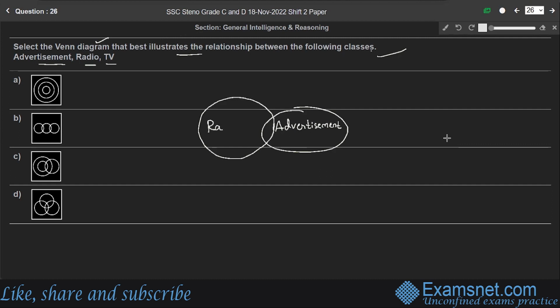Therefore, this common portion, which I am showing now, indicates some advertisements broadcast in radio. Whereas some advertisements broadcast in TV.